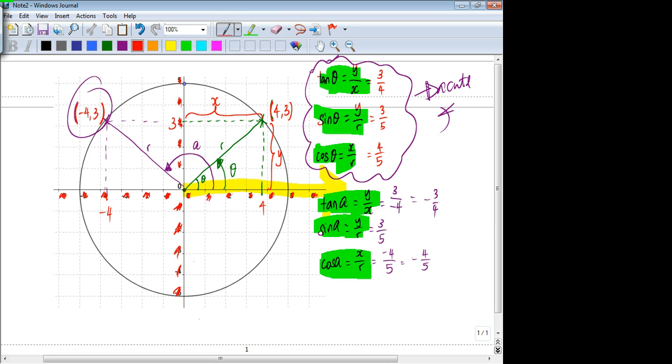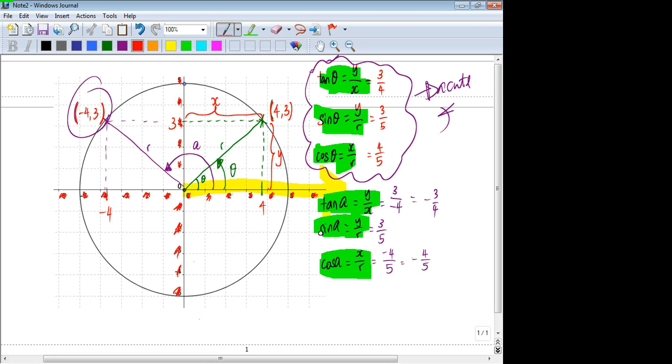Okay, this is the relationship between tangent theta, tangent A, sine theta, sine A, cosine theta, and cosine A. The parts that are highlighted in green are common, whether it is an acute or obtuse angle, you can also use them.